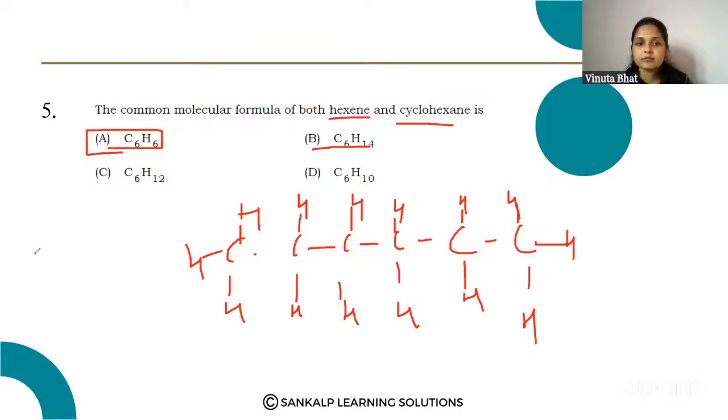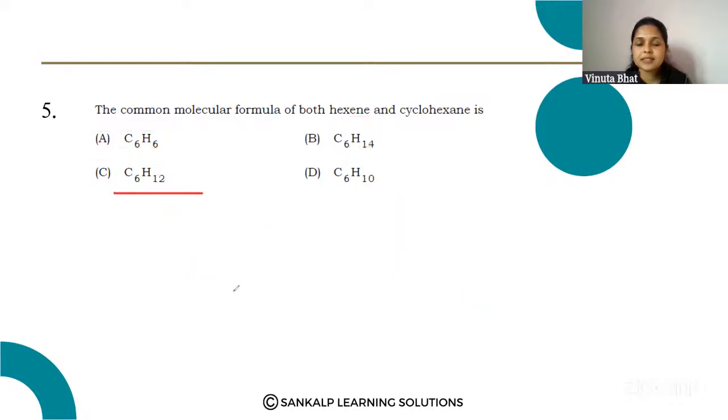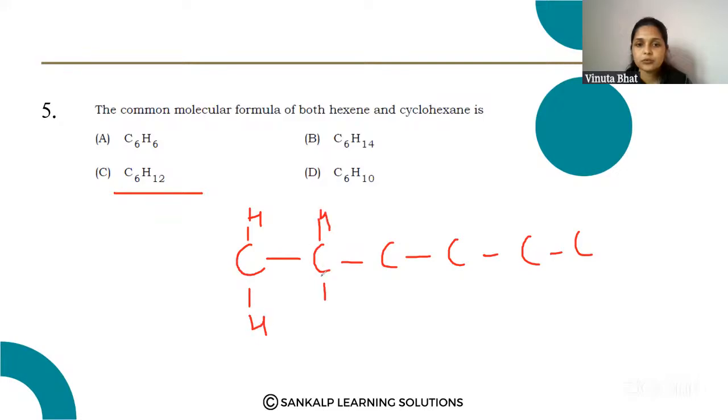Then check C6H12: 6 carbons, and 12 hydrogens. But here you should add a double bond, because C6H12 alone does not fulfill the carbon valency.